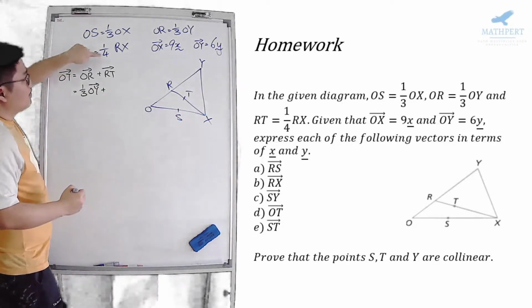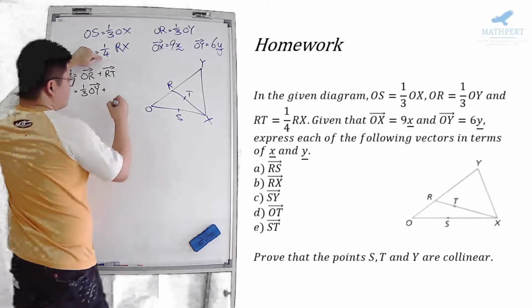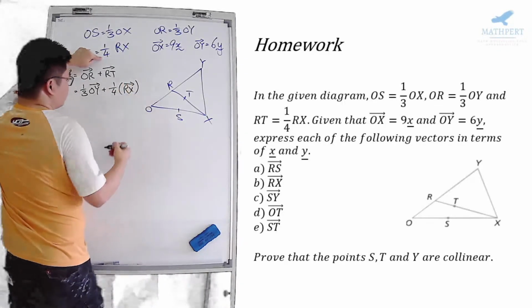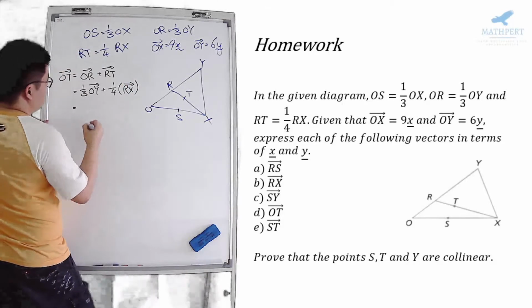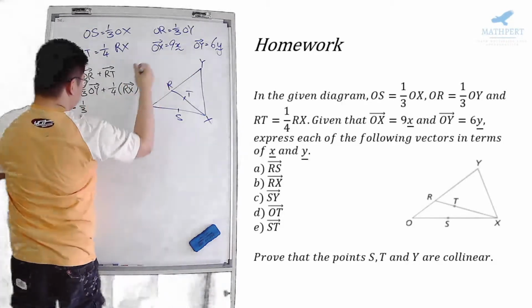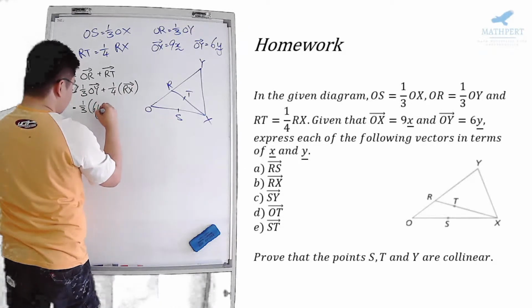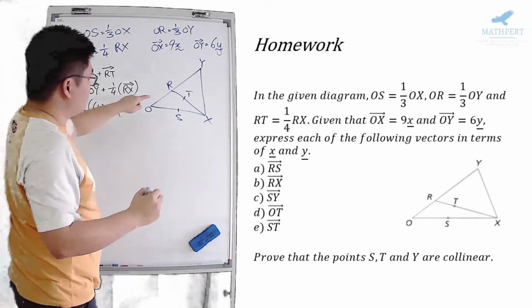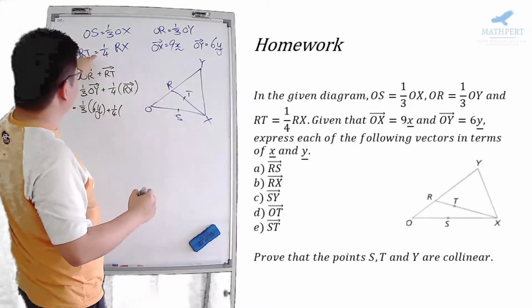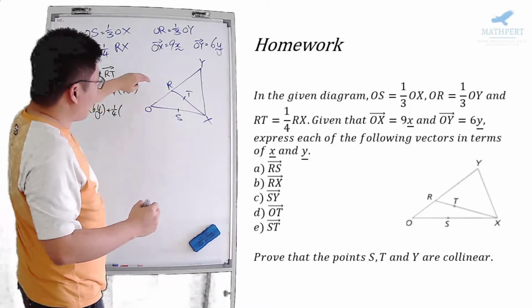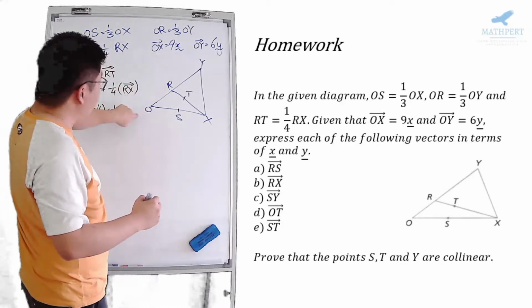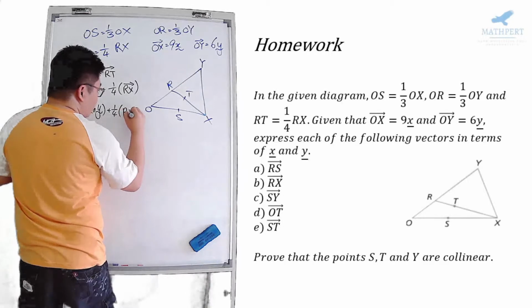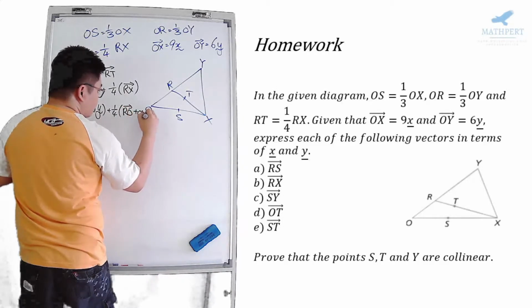RT is a quarter of RX. One-third of OY is 6y, plus a quarter of RX. Do we have RX? No. So RX is equal to RO plus OX.